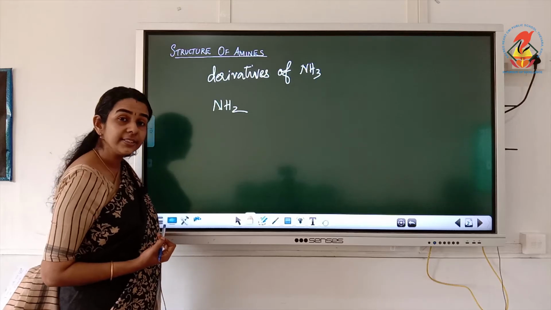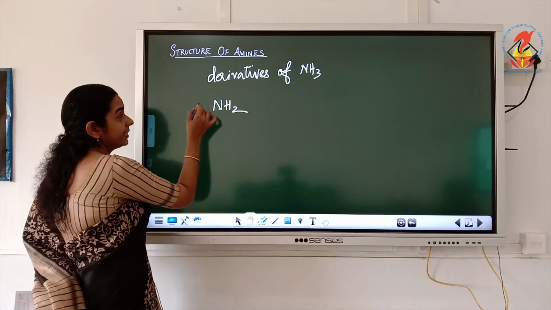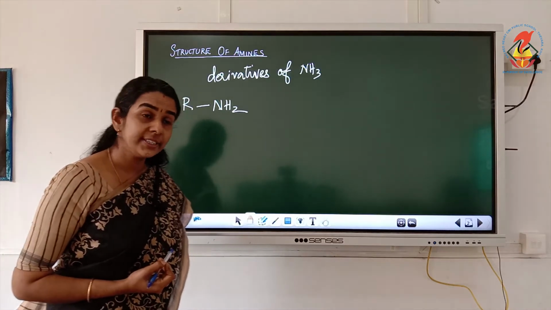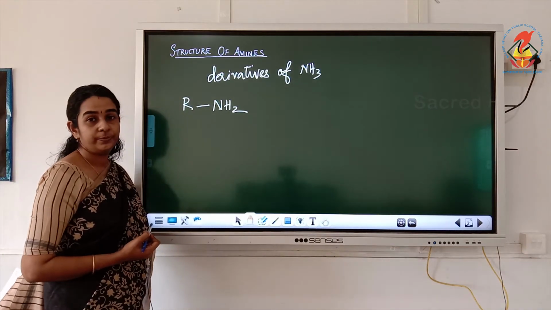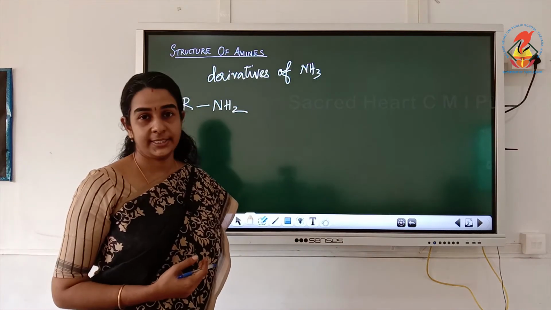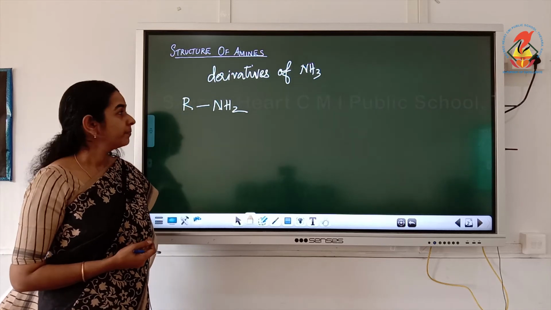And if I replace it by an alkyl group, which is generally represented as capital R, what we get here is RNH2. So this class of compounds is known as amines. The amine functional group is the NH2 group.